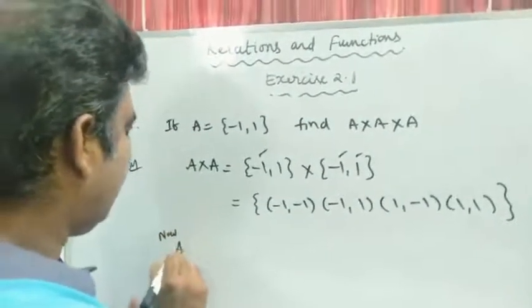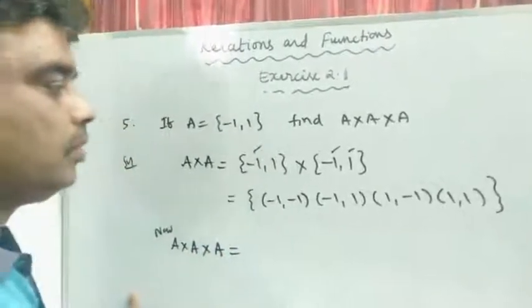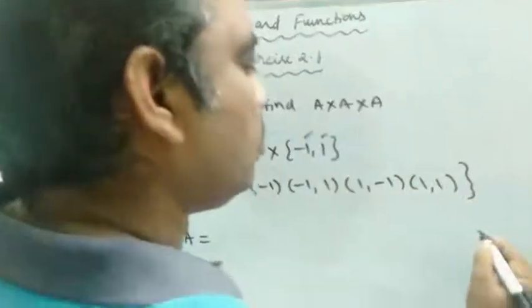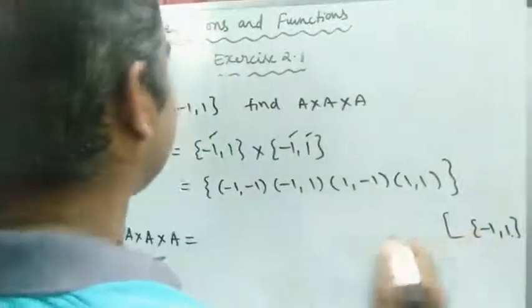Now A cross A cross A is equal to, we have to take the Cartesian product with {-1, 1}, again A is the set.